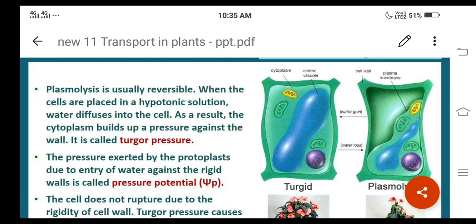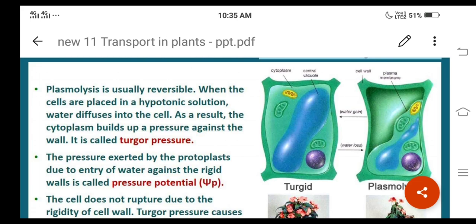The pressure developed from the cytoplasm against the cell wall is called the turgor pressure. If turgor pressure develops in the cell, there is no breaking of the cell, because the cell wall is rigid.